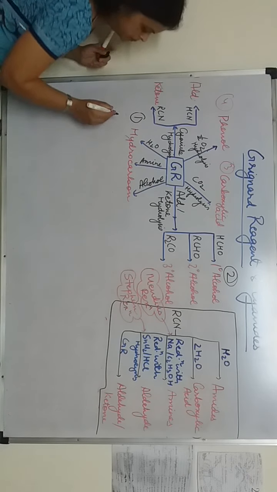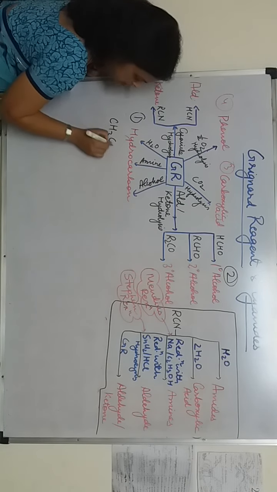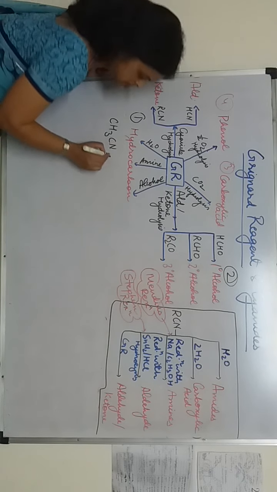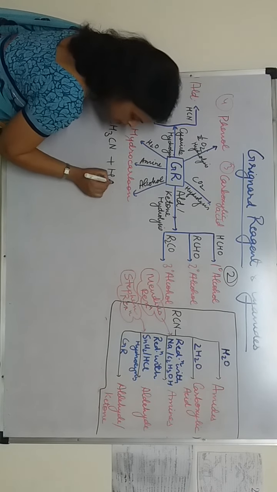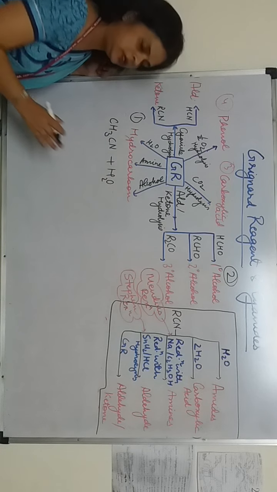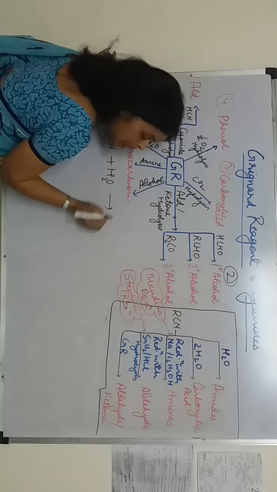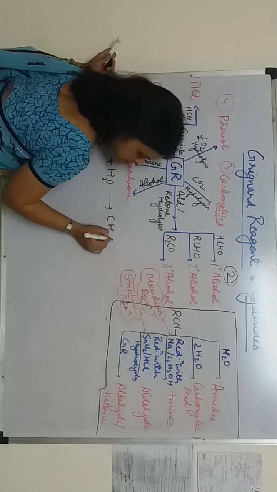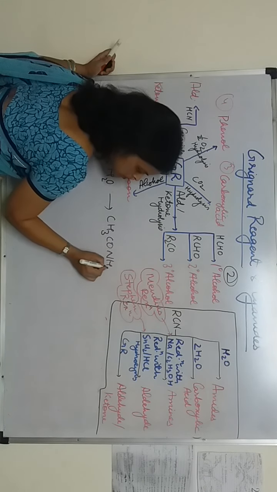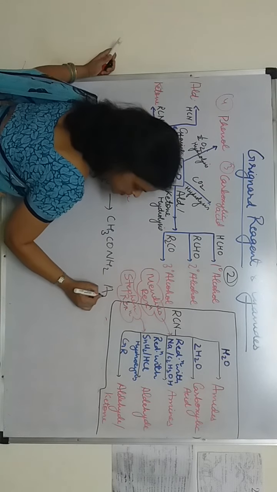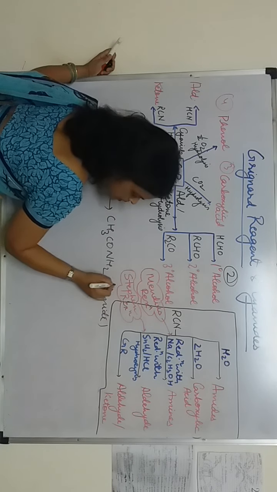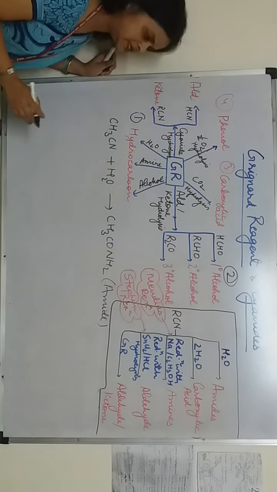Suppose we are taking here CH3CN. When this CH3CN combines with one water molecule, or you can use the term partial hydrolysis, it forms CH3CONH2, so this is an amide, one of the derivatives of carboxylic acid.